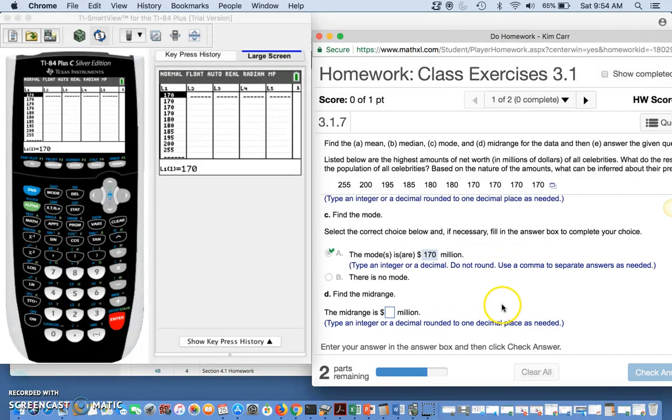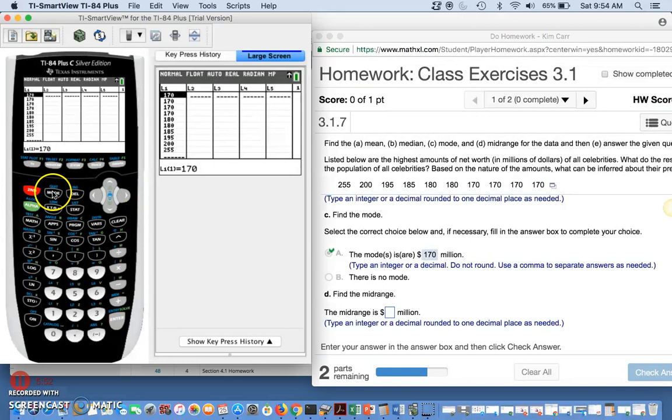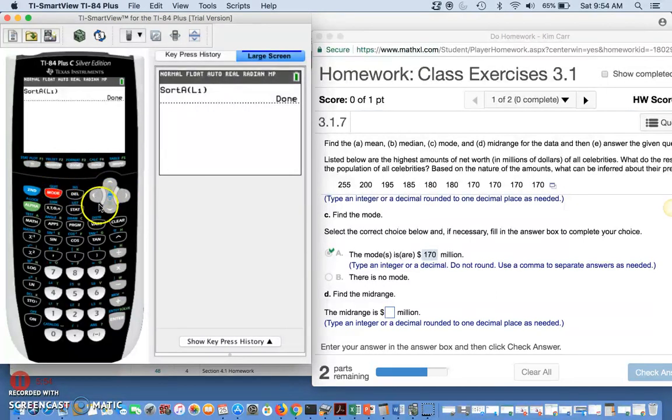Okay, the mid-range. It's not going to give me the mid-range. But I realize that my lowest value is 170 and my highest is 255. So I'm going to quit from the table and I want to add the lowest plus the highest and then divide that by 2.